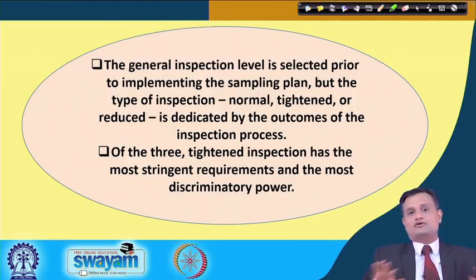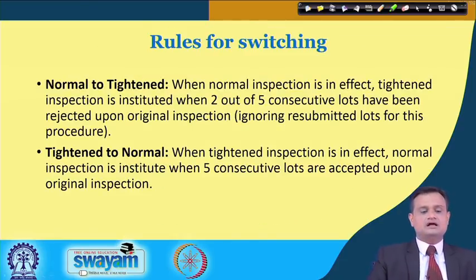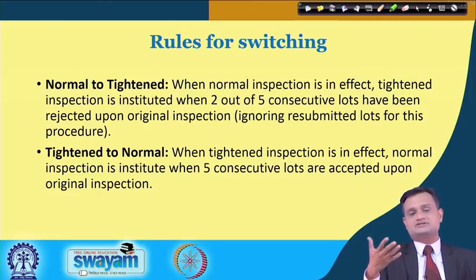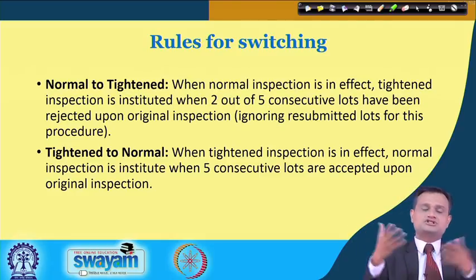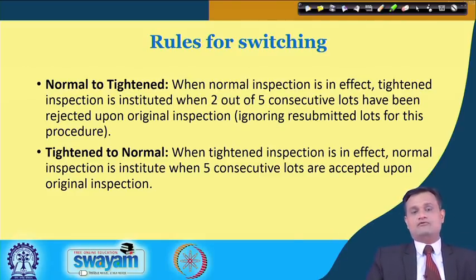Excellent history, I will go for reduced, otherwise I will be happy with the normal. So, rules for switching. Now this is something that is really an appealing factor of a standardized sampling plan, that I will not stick to only one inspection level and unnecessarily bear the inspection cost. So there are some rules for switching.